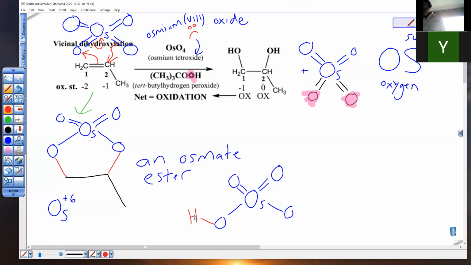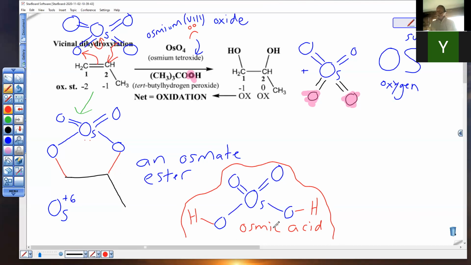And this species here, where we have the H's on it, is called osmic acid. That's an aside. You don't see osmic acid in this reaction. But esters are named after acids. So I replaced each of these H's with carbons. If you want to get real picky, it should be called an osmate diester, shouldn't it? But they don't do that.